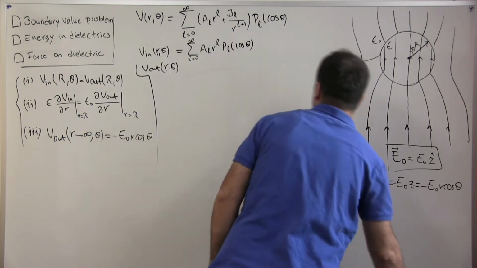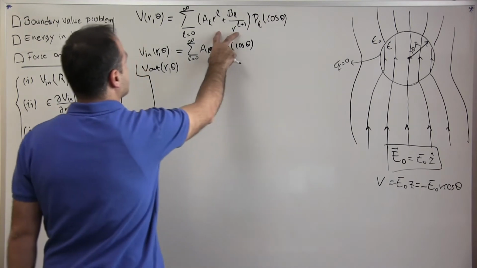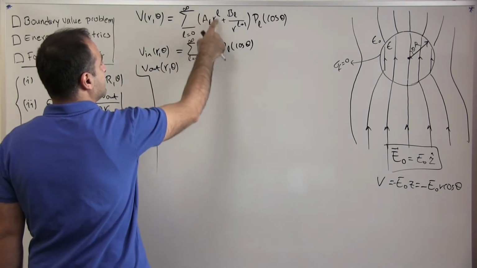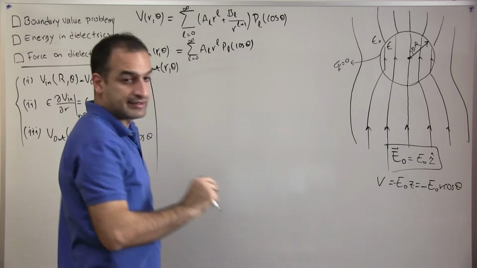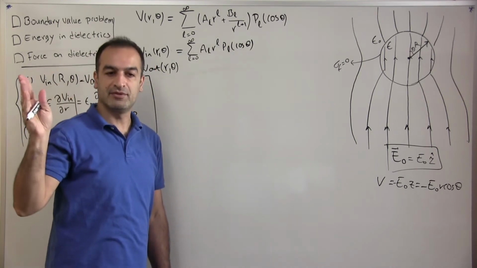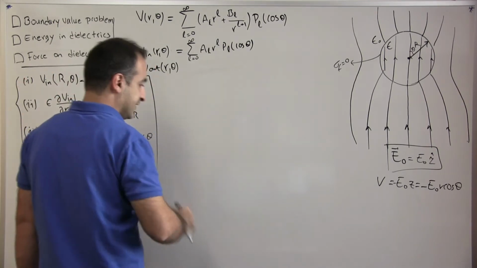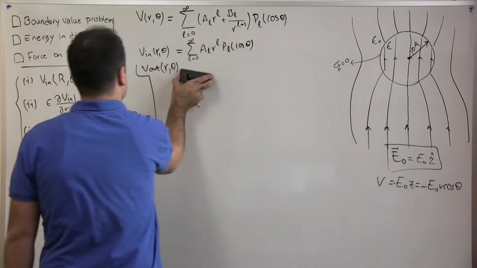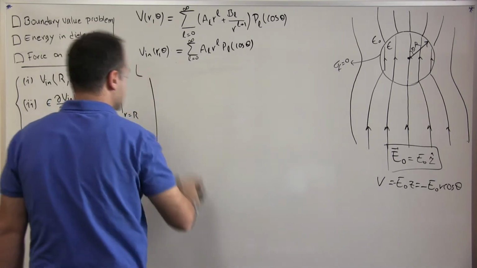Okay, and for V out, the same argument, but the other way around. If we include the first term, at R goes to infinity, that blows off. We don't want that. So V out, let me give it a little more space here.